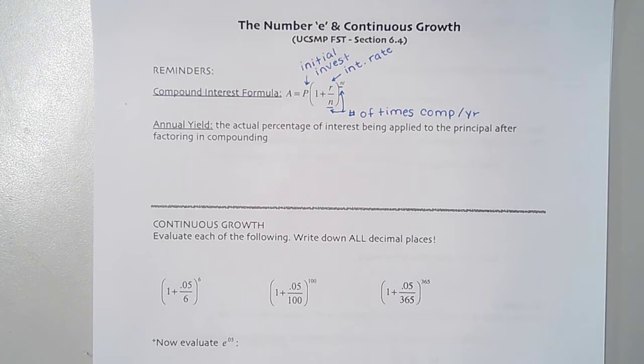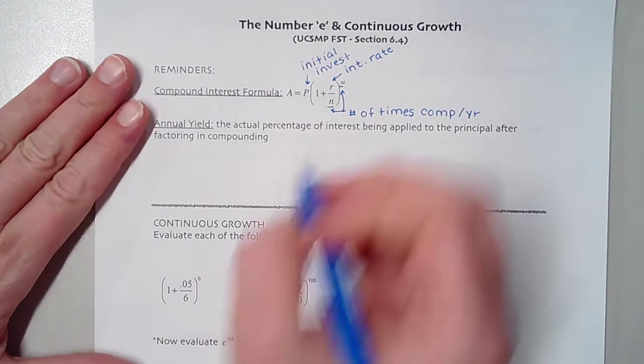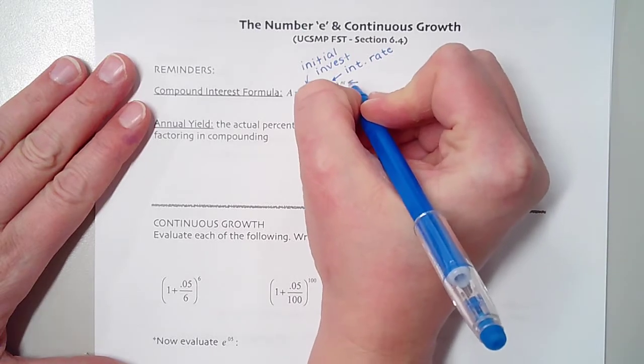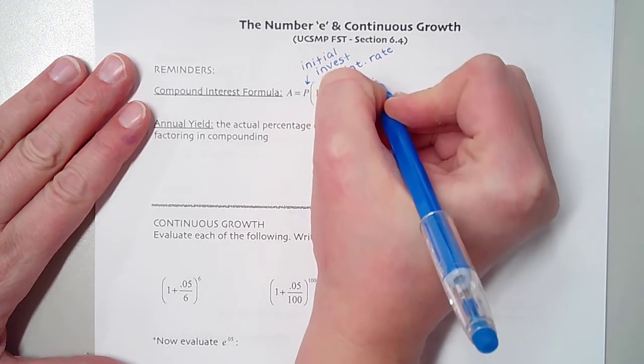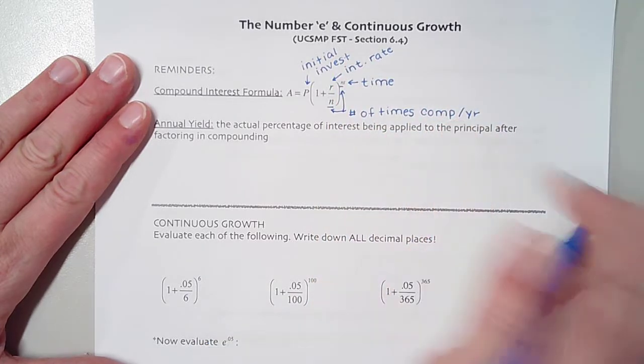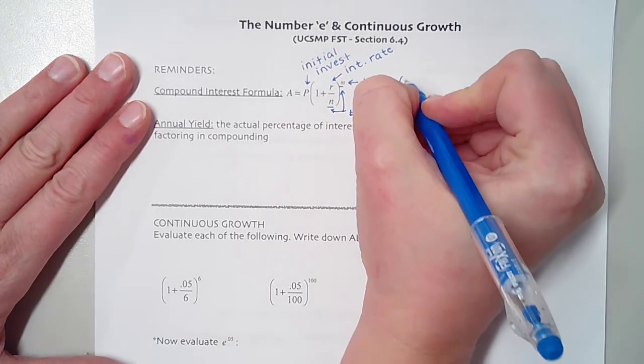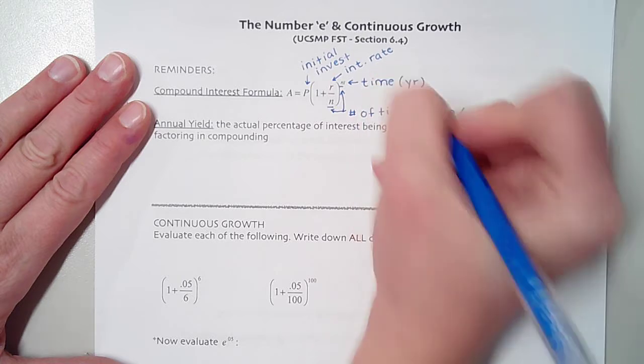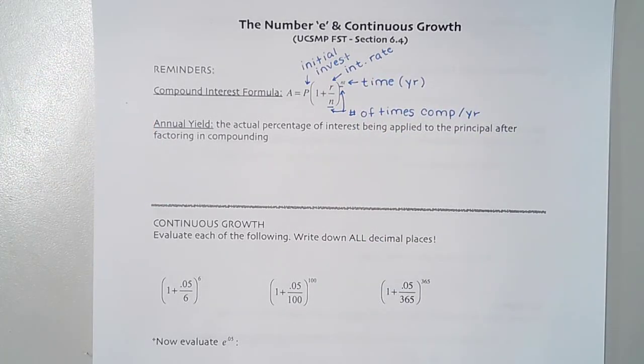So you're earning interest on top of interest. That's what compounding means. Okay, and then the last one here is T, that represents your time. And because we're measuring this as number of times per year, your time always has to be input in years. Okay, so there's our compound interest formula.